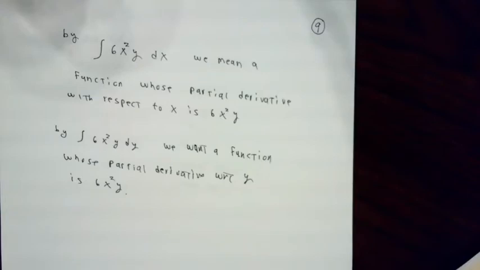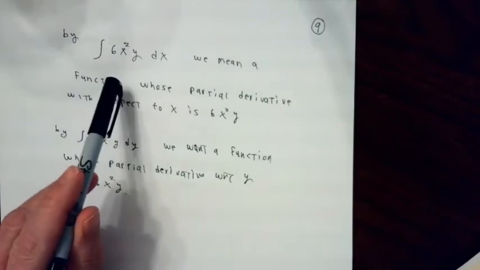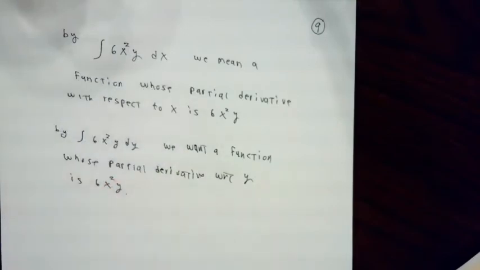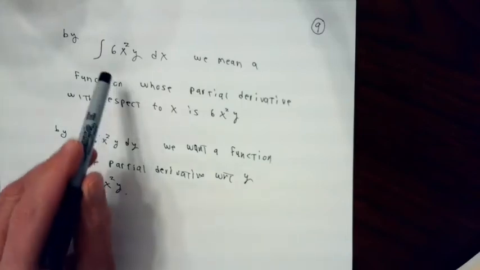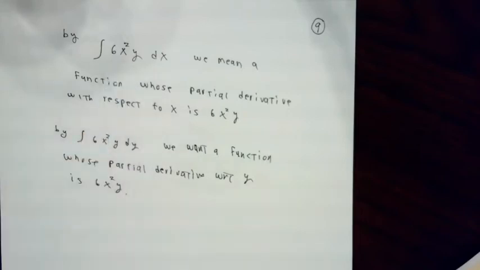By way of analogy with partial derivatives, when we write something like the integral of 6x squared y with respect to x, what we mean by that is a function of two variables whose partial derivative with respect to x is 6x squared times y.